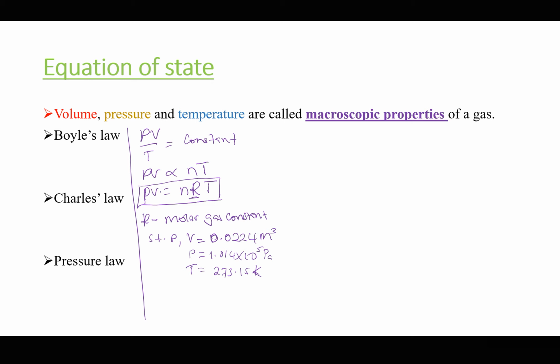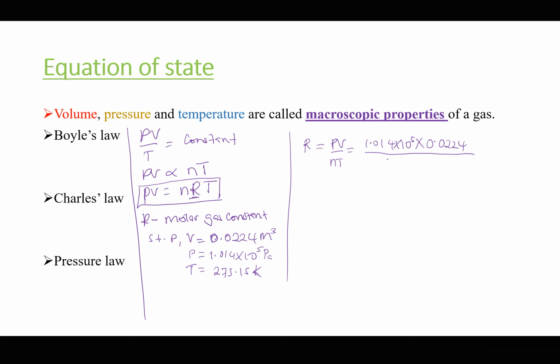If we consider these conditions in this equation, then we can establish the constant R. So PV equals nRT, meaning that R is going to be equal to PV divided by nT, where P is 1.014 times 10 to the power 5 pascals, V is 0.0224, and n is the number of moles.